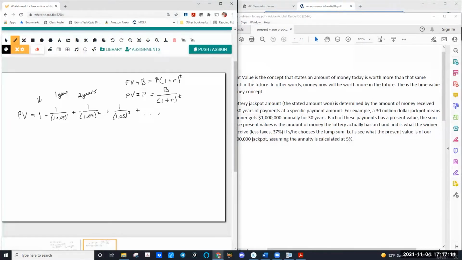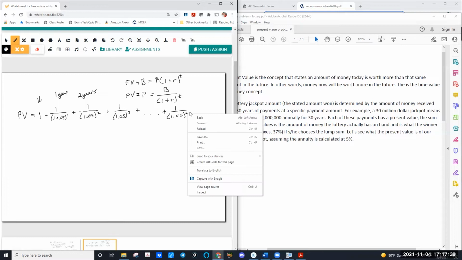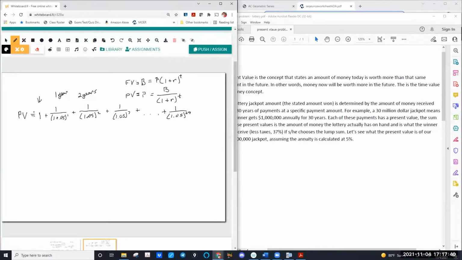So if we think about his last payment, we don't need to write out all the other ones. We know it's going to be 1.05, and now we have to be a little careful. First thought might be 30. But remember, he got a payment right away. So this is kind of like if t were equal to 0. So his 30th payment is going to be to the 29th power, because that's going to make for 30 total payments, right?